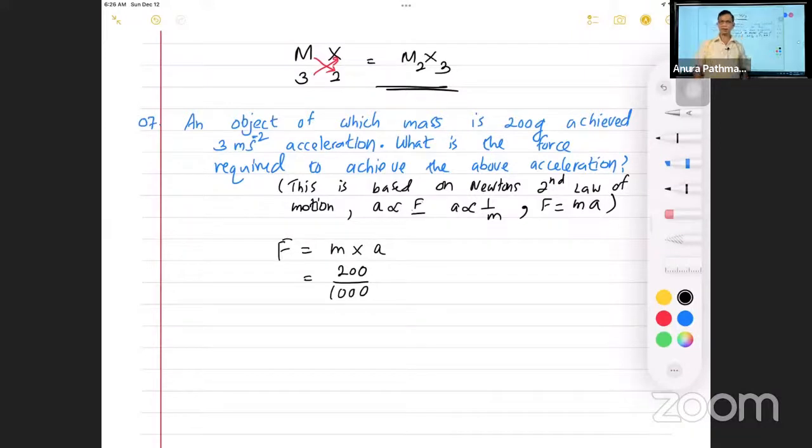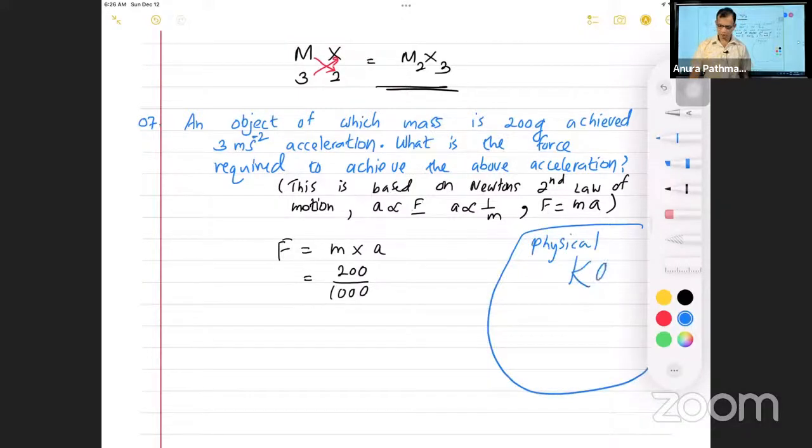If it is chemistry, we don't consider kilograms, it is gram. Could you understand what I said? Whatever the calculation of physics, remember that you want to consider kilogram.